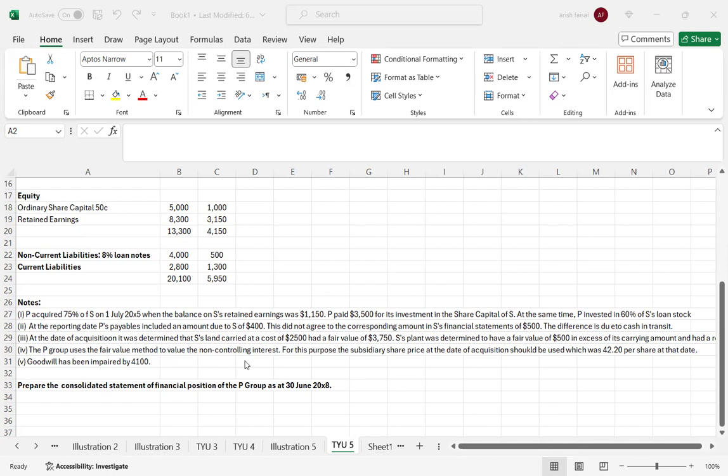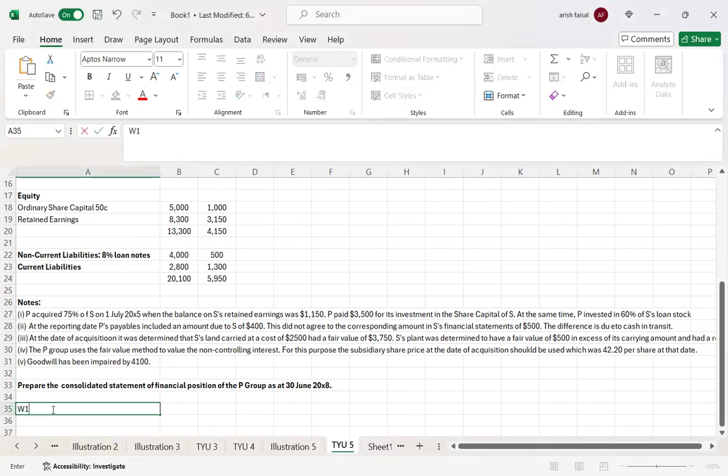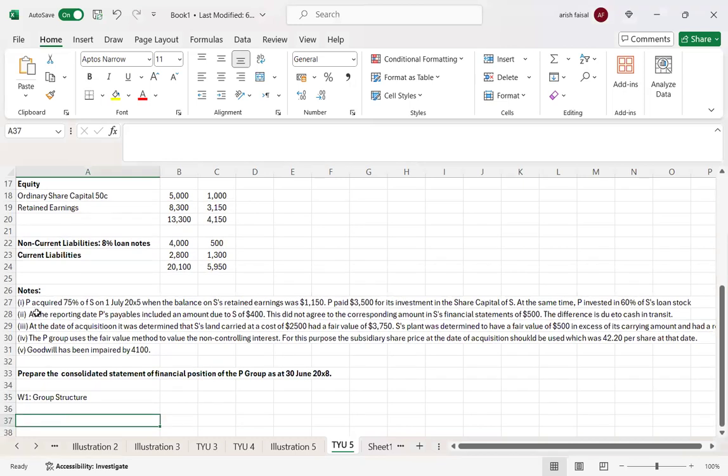Okay. So now if you look at this question, we'll start the workings. As you know, the first working would be to prepare the group structure. Okay. So here it says that P has acquired 75% of the subsidiary company on 1st of July 2005.